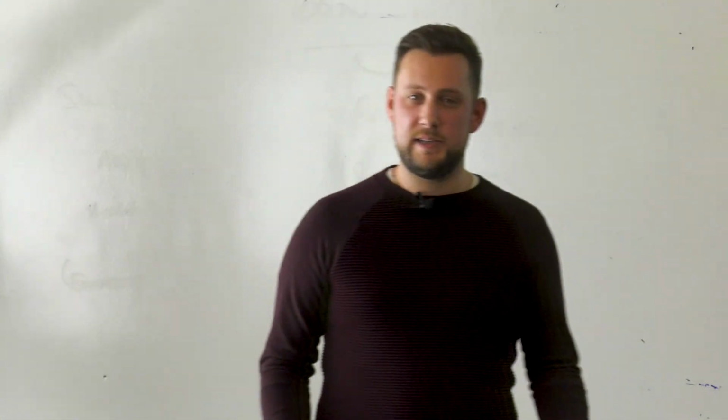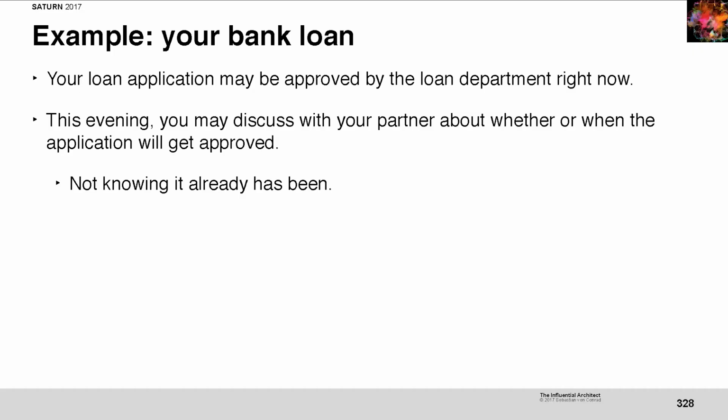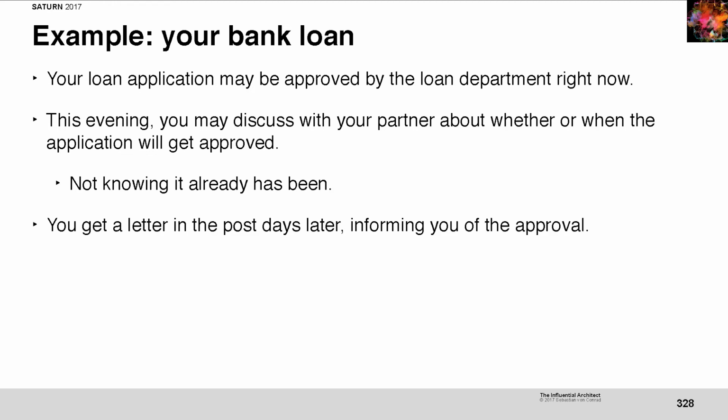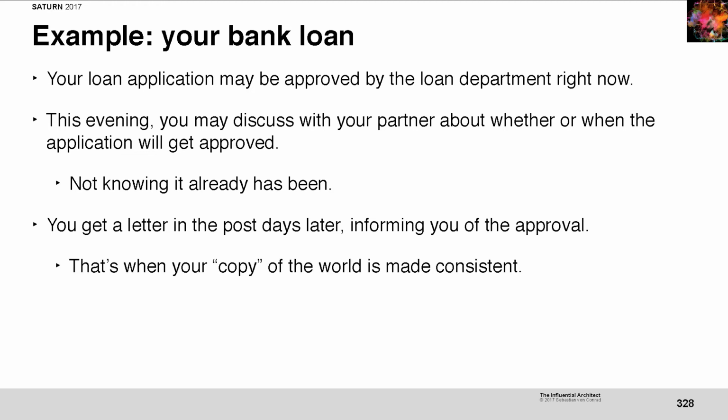Not realizing that this loan has already been approved, right? A couple of days from now, you get a letter in the mail informing you that your loan application has been approved, and that's when your copy of the world is being made consistent with the bank's copy of the world, right? And this, again, is eventual consistency.